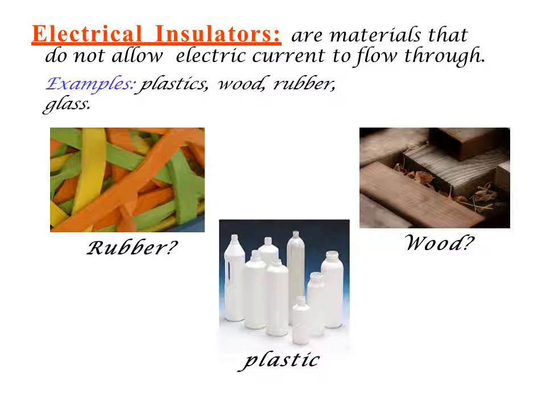So we don't pull that person with our hand. We have to use insulators, as for example wood or rubber gloves or some form of plastics, to remove that person from the shock. So they are called insulators.